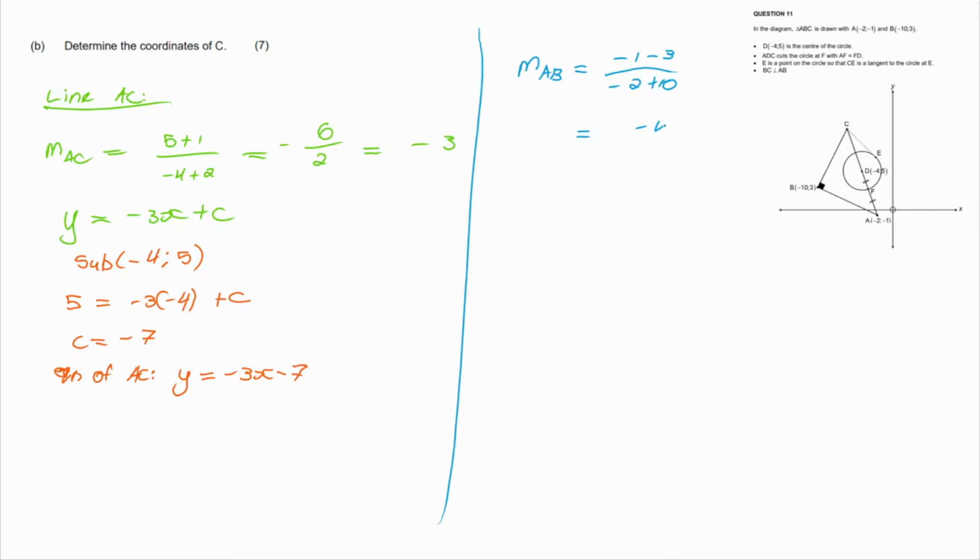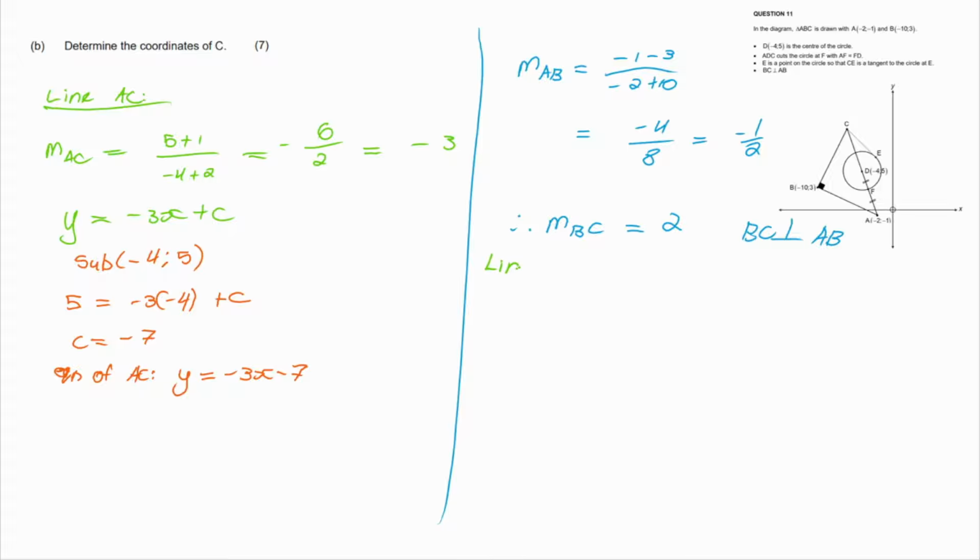That gives me -4 over 8, which is just -0.5. That's the gradient of AB. Therefore the gradient of BC is equal to 2, because BC is perpendicular to AB.